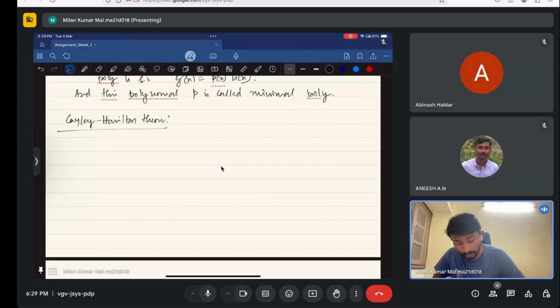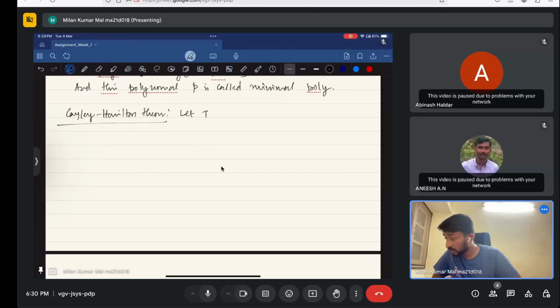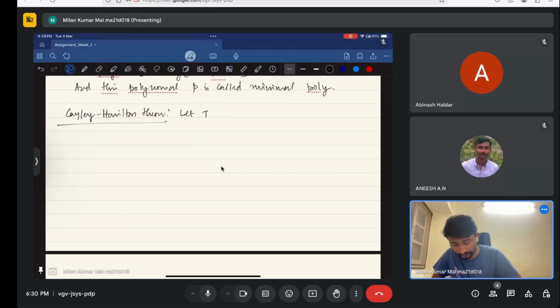Let T be a linear operator on a finite dimensional vector space V. If f is the characteristic polynomial.